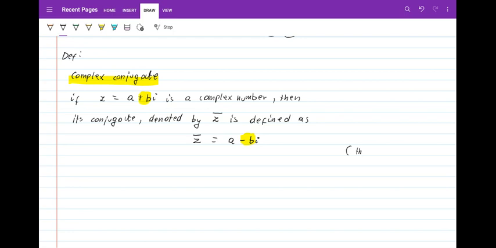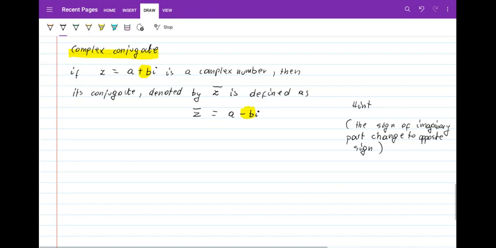So I will just put here: the sign of the imaginary part changes to the opposite sign.